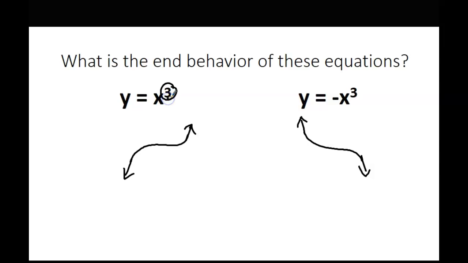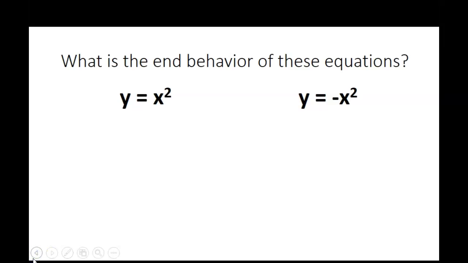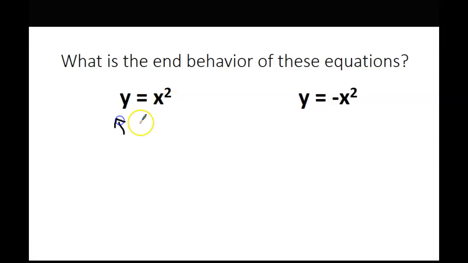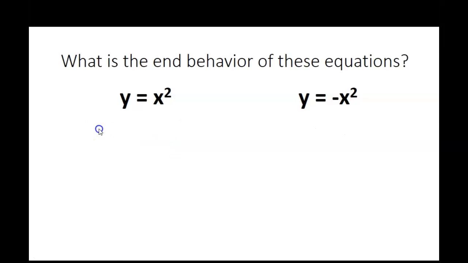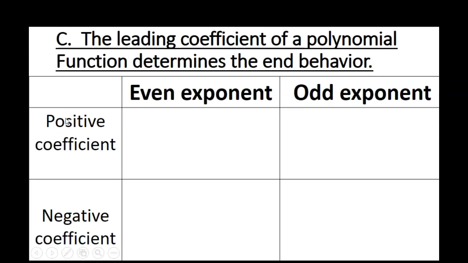So odd powers make the ends go in opposite directions, whereas even powers make the ends go in the same direction. Okay? So that's your big takeaway that I want you guys to have, and I think we're going to summarize that in a table here. This is a table I definitely want you guys to write down, and if you don't have it, then you're going to be sad for the rest of the day. You need this. So go ahead and pause the video here and copy down the table.